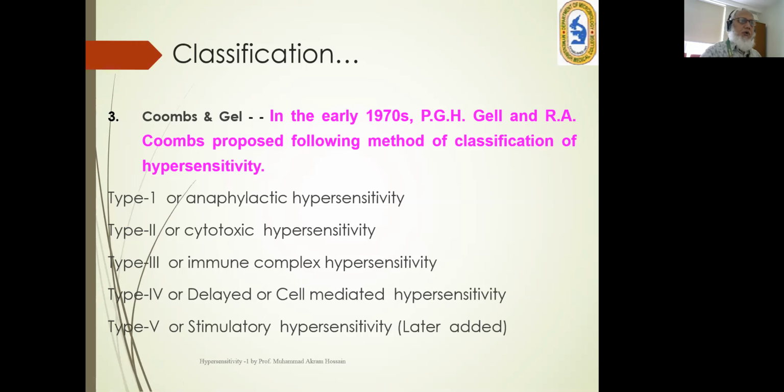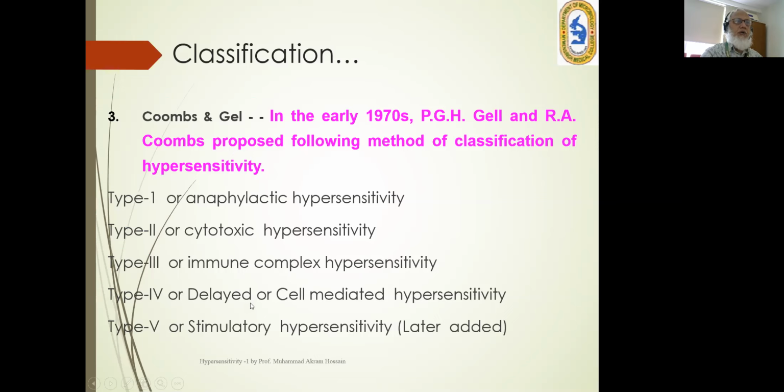If you focus on the names, the name suggests many things. Say, for example, cytotoxic hypersensitivity. That means in this hypersensitivity, there is cytotoxicity of the involved cell. Immune complex hypersensitivity, that means immune complexes are formed, and on deposition of immune complexes, the pathogenesis occurs.